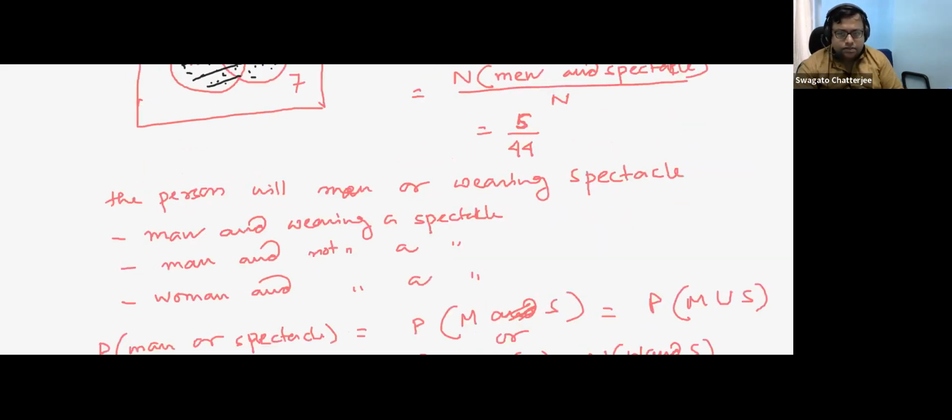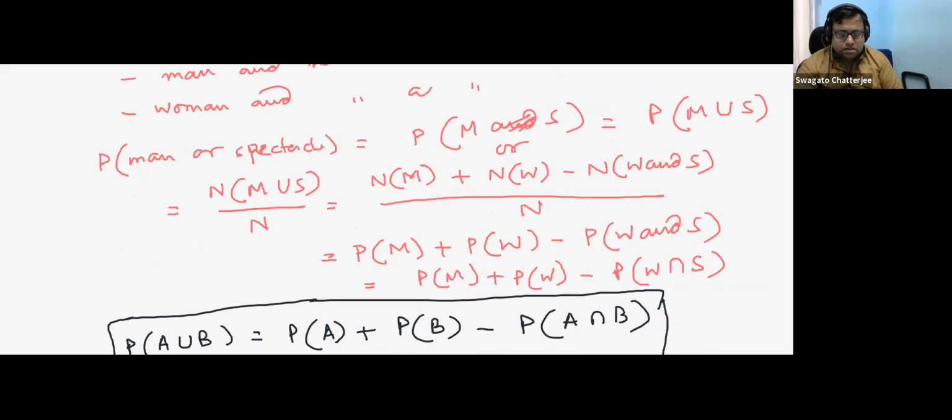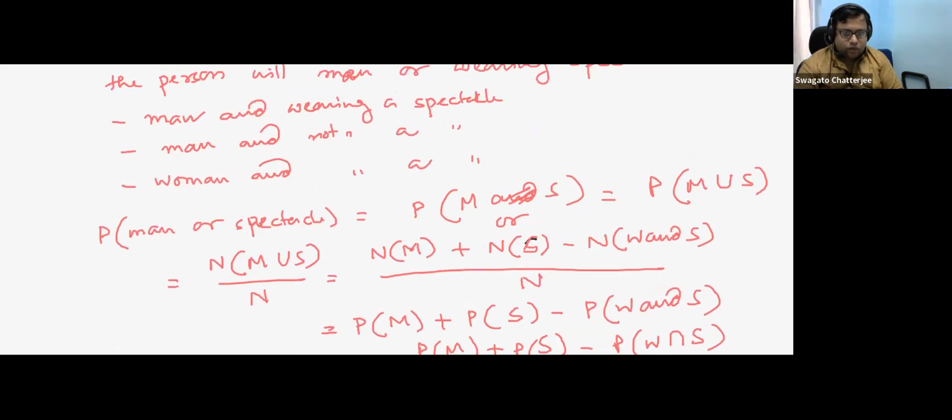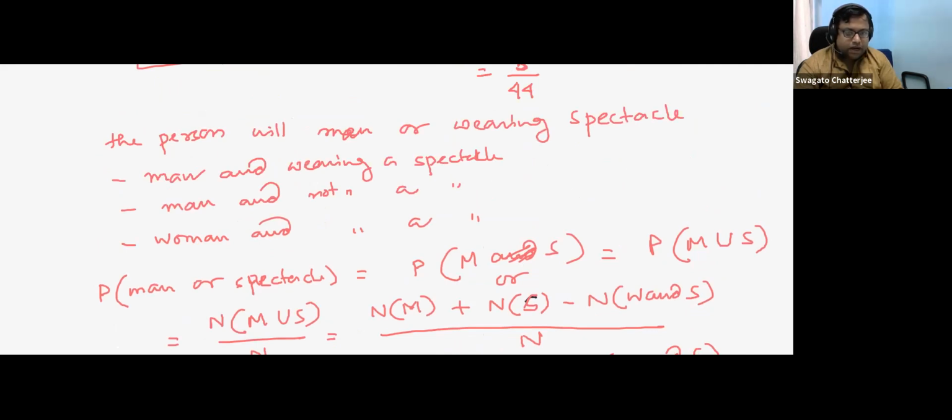Okay, so what did I write? Just 1 minute. So this is not W, just 1 minute, this is S. This will not be woman and not wearing spectacle, this will be woman and wearing spectacle.